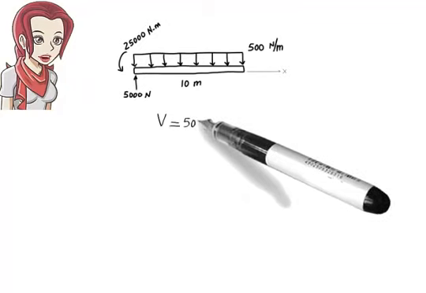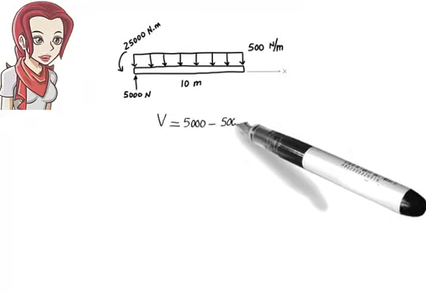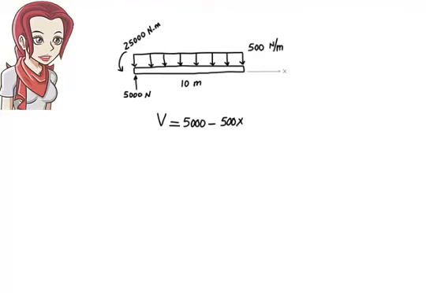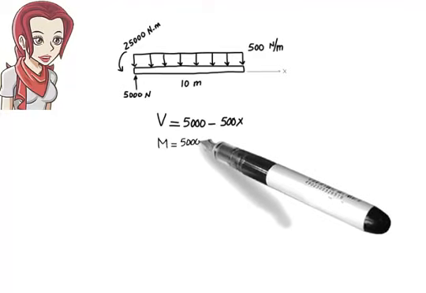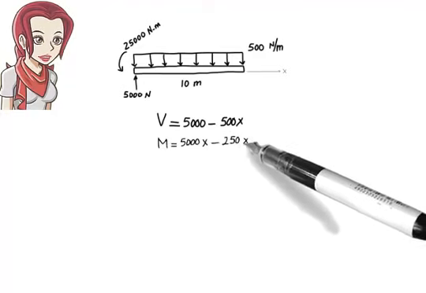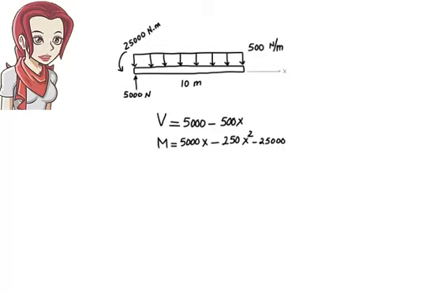So these are our shear and moment equations for the beam. We can use them to calculate shear and moment at any point in the beam. For example, what is shear and moment at the left end of the beam where x equals 0?